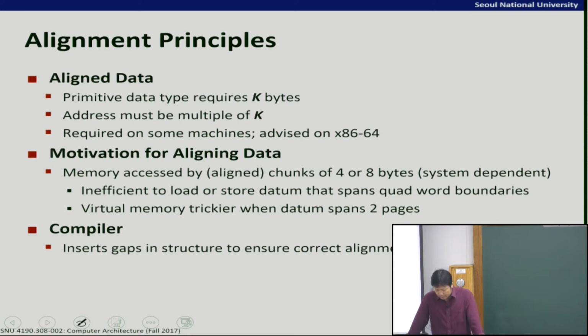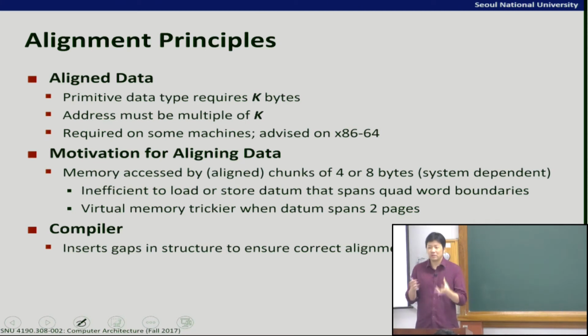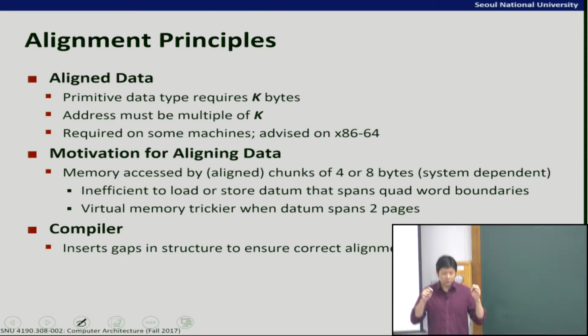Because memory is accessed in aligned chunks of 4 or 8 bytes. You'll understand this better if you understand the concept of cache, but we didn't introduce cache. Generally speaking, the memory space is divided into several fixed-size chunks. If your memory access goes across this boundary, then the access becomes very tricky.